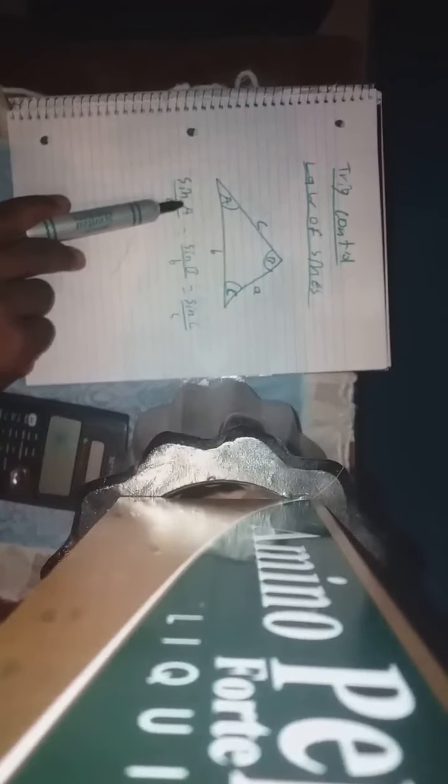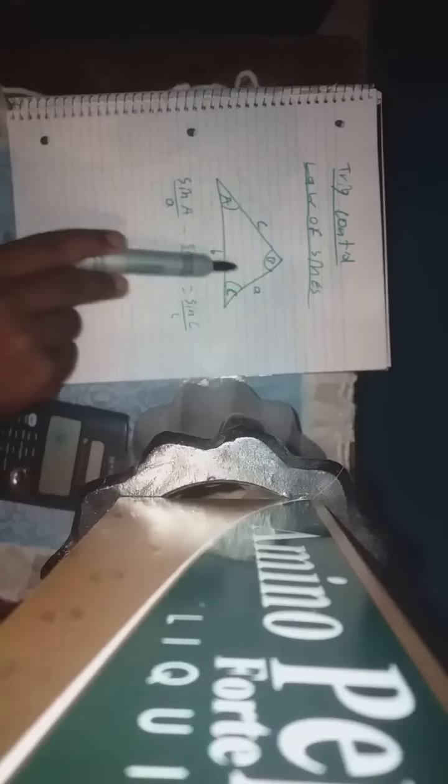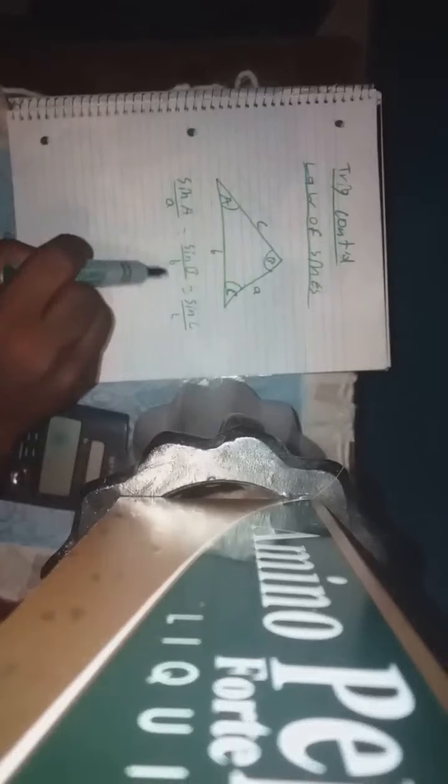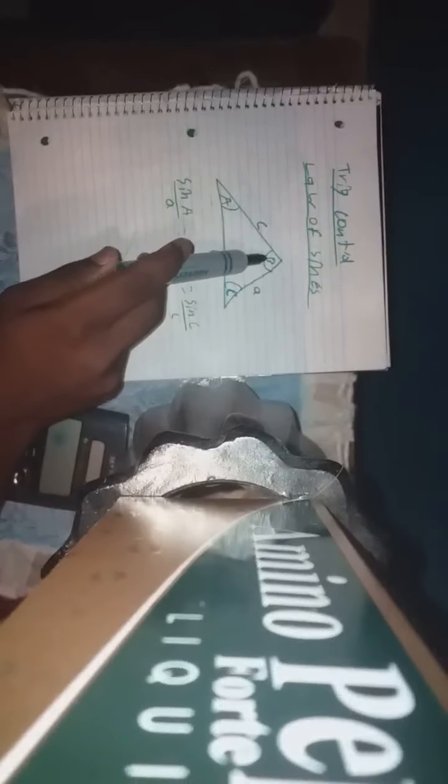Now the law of sines says that sine capital A over small a is equal to sine of angle capital B over small b, which is also equal to sine capital C over small c.